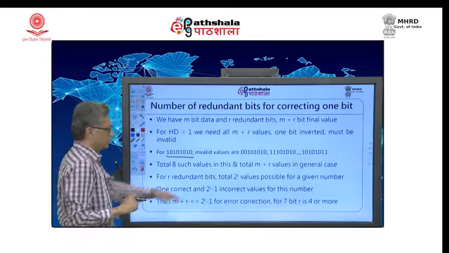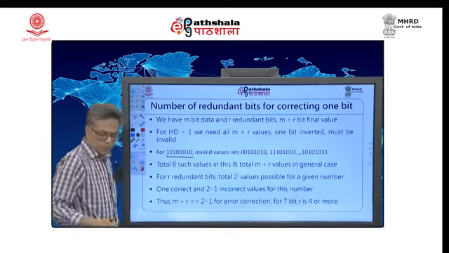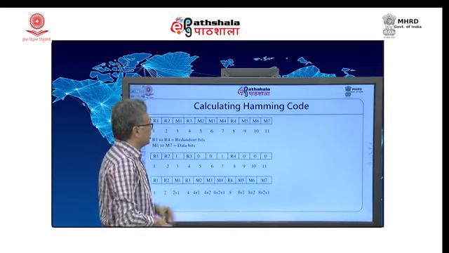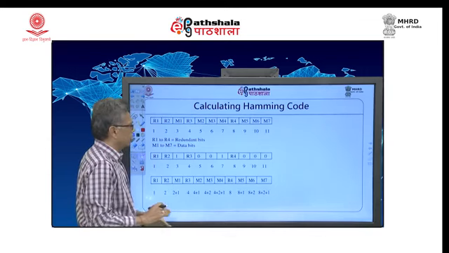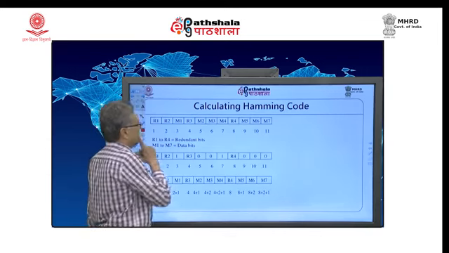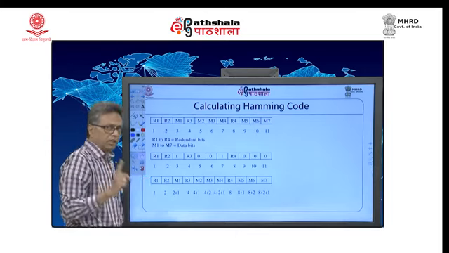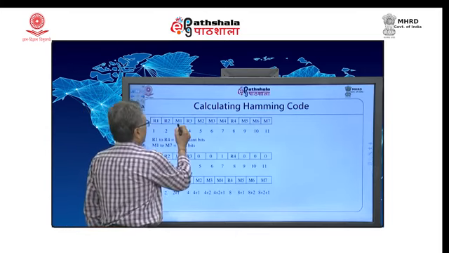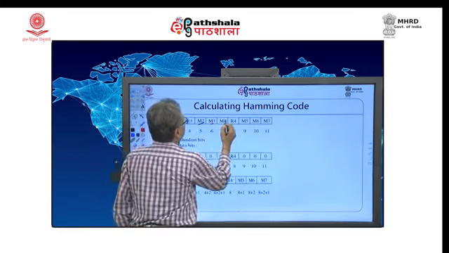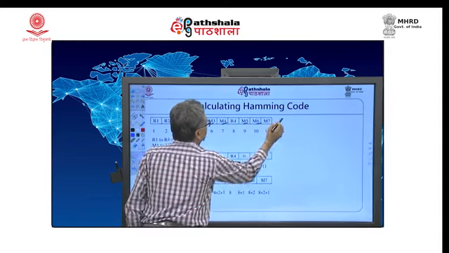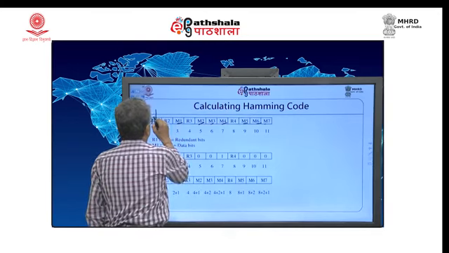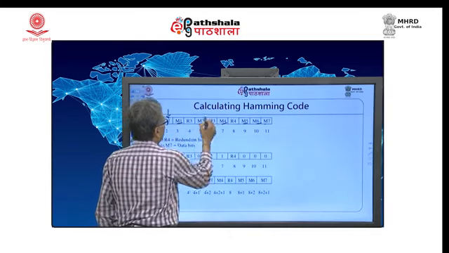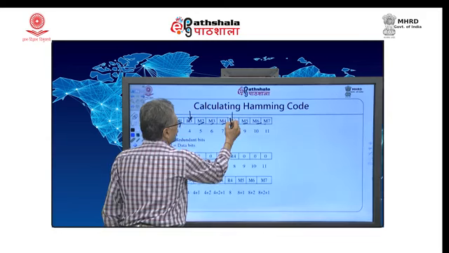Okay. So, here the discussion which we had. Okay. This is the method. The method is again quite straightforward. See, there are 7 bit inputs M1, M2, M3, M4, M5, M6, M7, and 4 redundant bits R1, R2, R3 and R4.